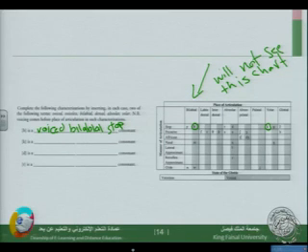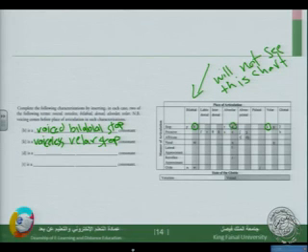K is voiceless, velar, stop, consonant. It's voiceless, velar, stop, consonant.